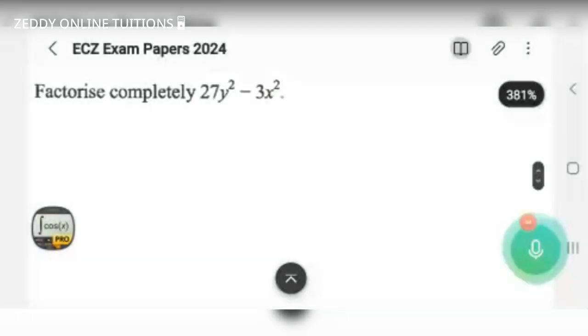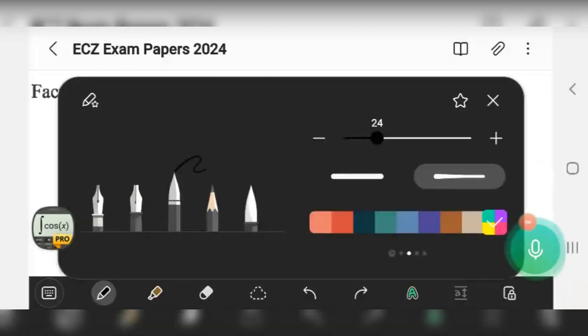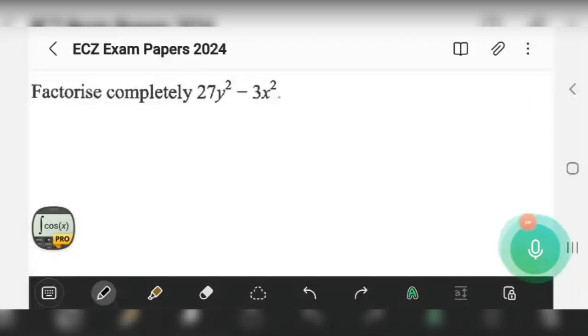All right, so with that in mind, we can now go ahead and deal with this question. First, let's analyze the question. We've got 27y squared minus 3x squared. Factorizing this, most of the time we need to look for something common that can go into both terms, whether it is available or not.